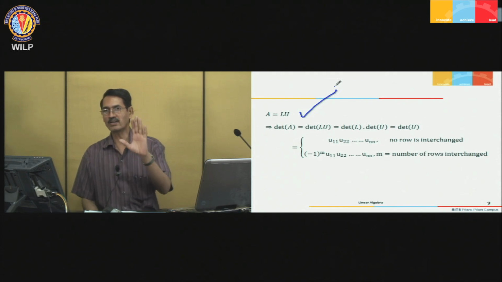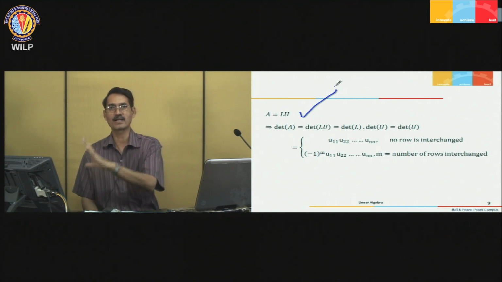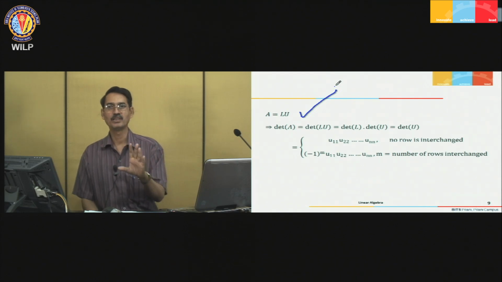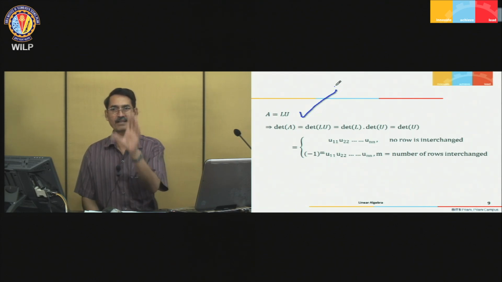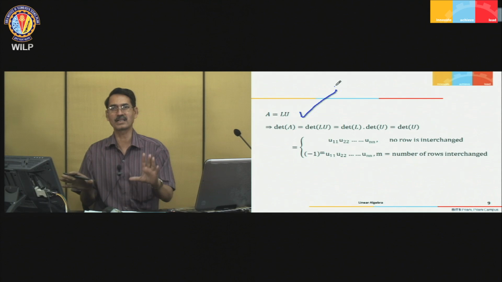But what is determinant of L? L is a unit lower triangular matrix. What is the determinant of a triangular matrix first of all? The determinant of a triangular matrix is the product of all diagonal elements.